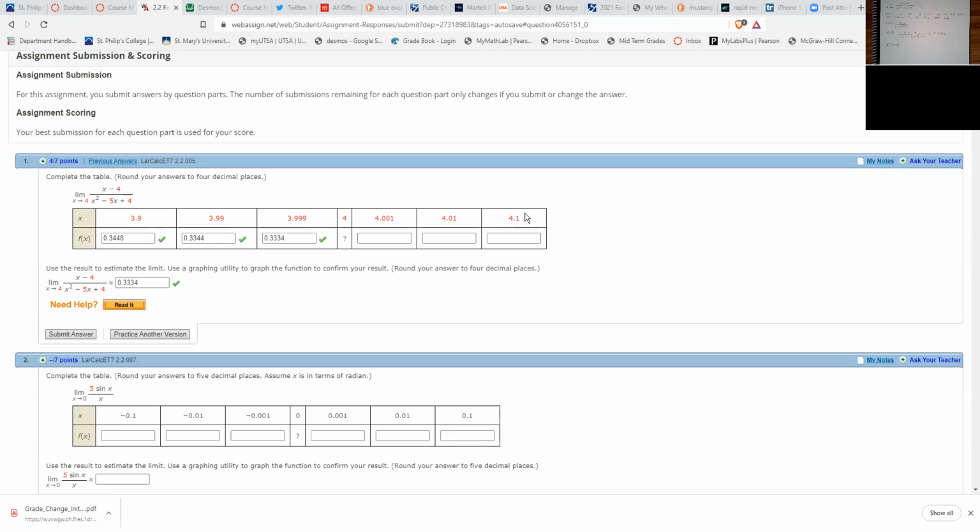When you're coming from the right, it better be getting closer to this number. If it's different over here and different over here, then there is no limit. You would only have one-sided limits. You have this limit on this side and a different limit over here, but you don't have a true limit. Notice how it just says x approaching 4, so both sides need to be the same.